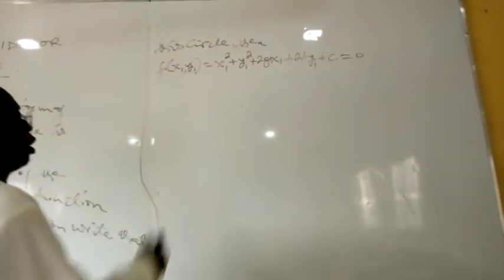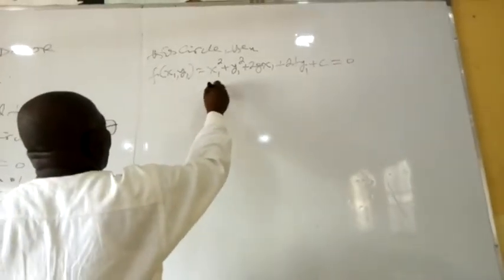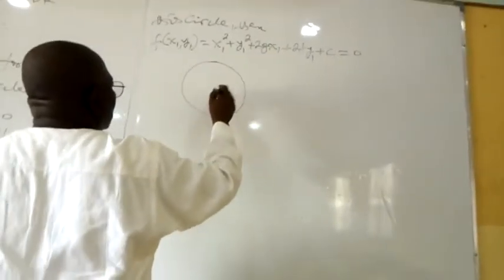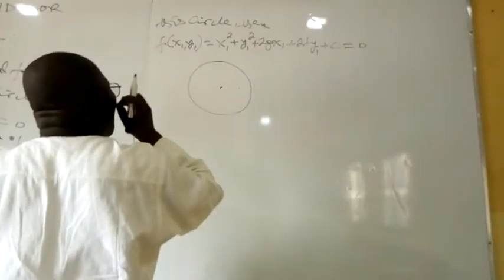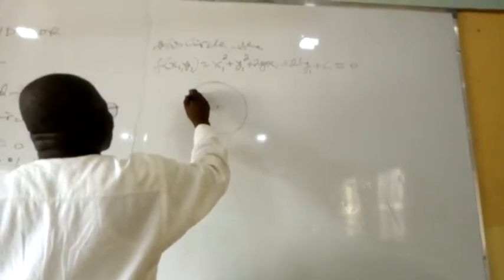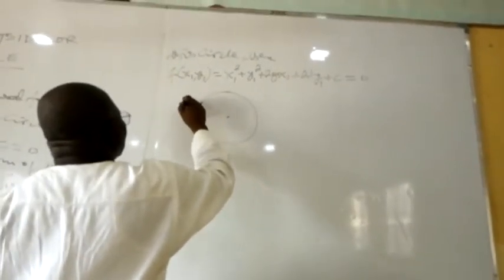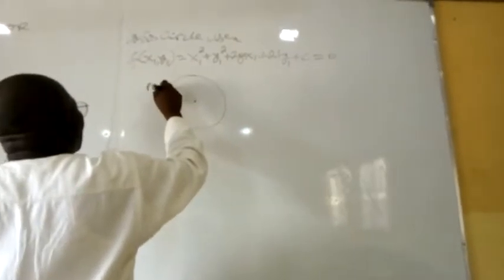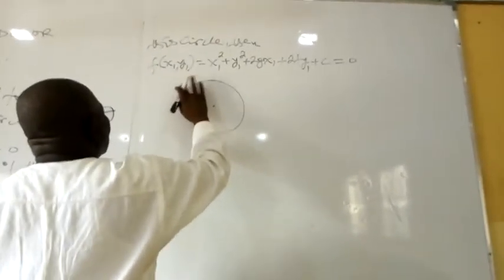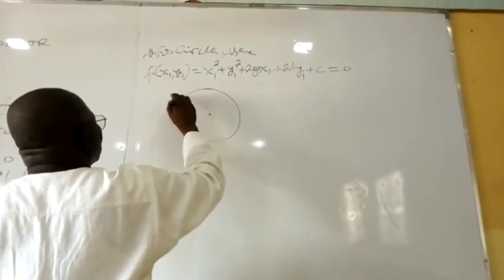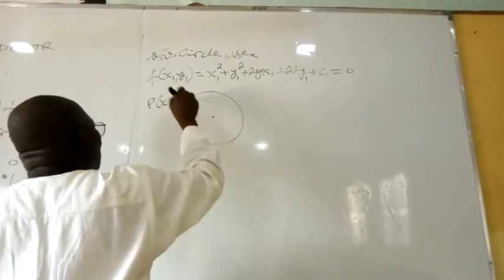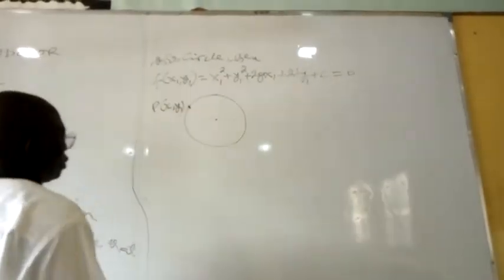So, meaning that we have something like this. That is the center. If that point is denoted as P, point P, x1, y1, lies on the circle, that is what I'm saying. This point P lies on the circumference of the circle.